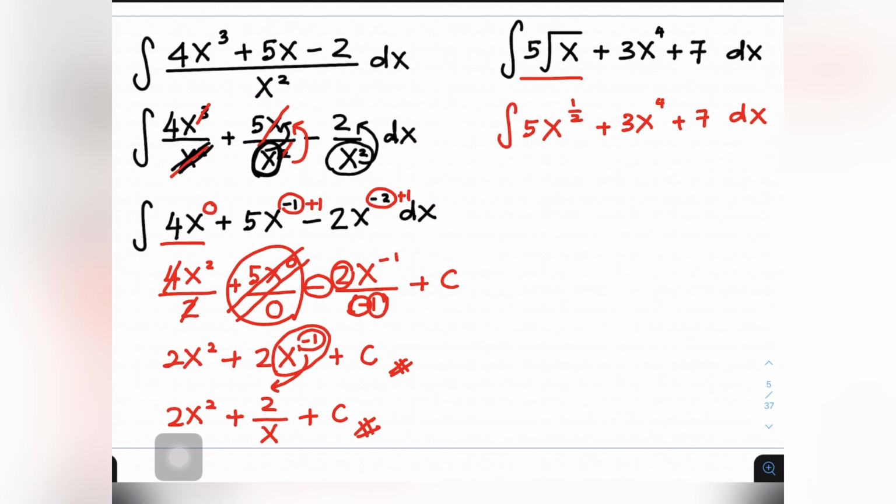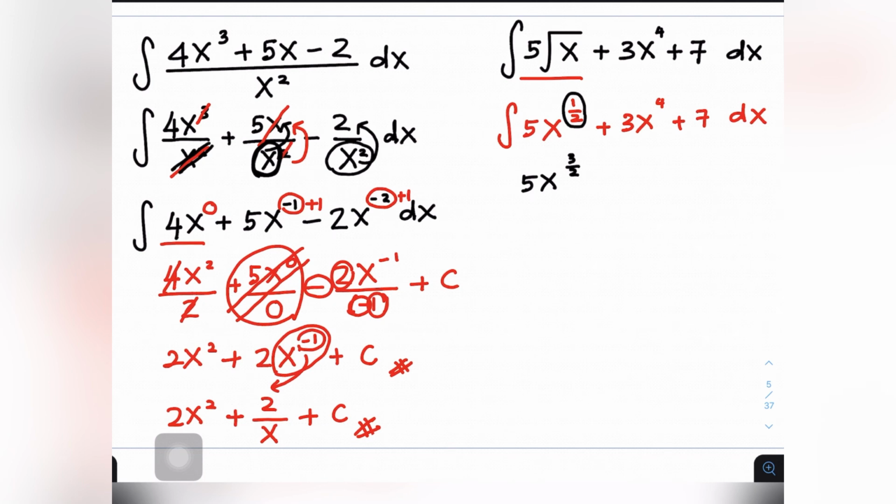Okay, the first step is to plus your power with 1. So your current power is half here. So you plus with 1, half plus 1, you will get 3 over 2. So you write 5x to the power of 3 over 2, the new power, first step.